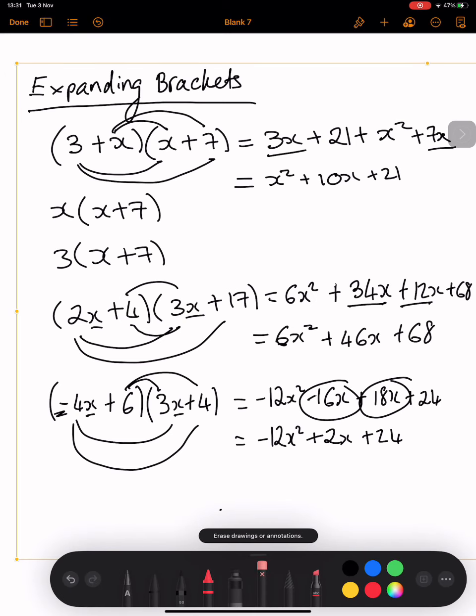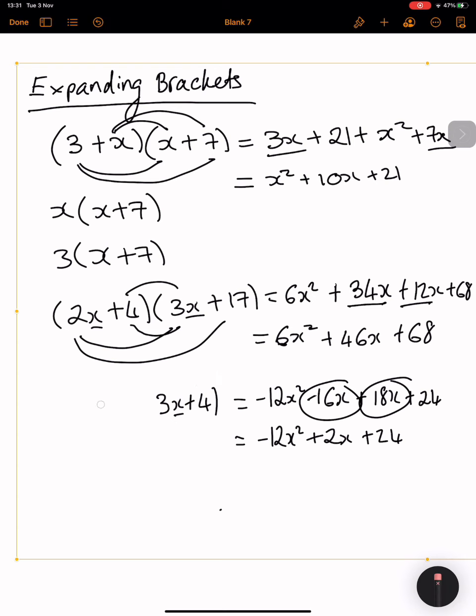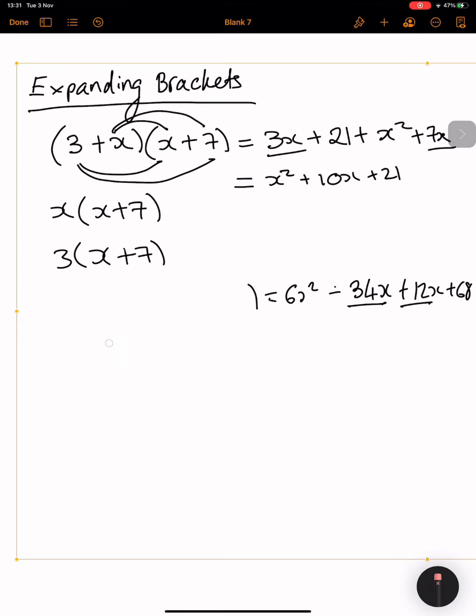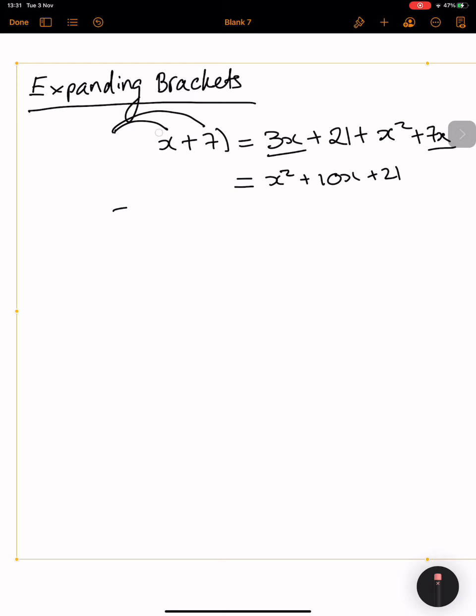Okay, and then a final look at possible triple brackets or triple multiplications when using brackets.